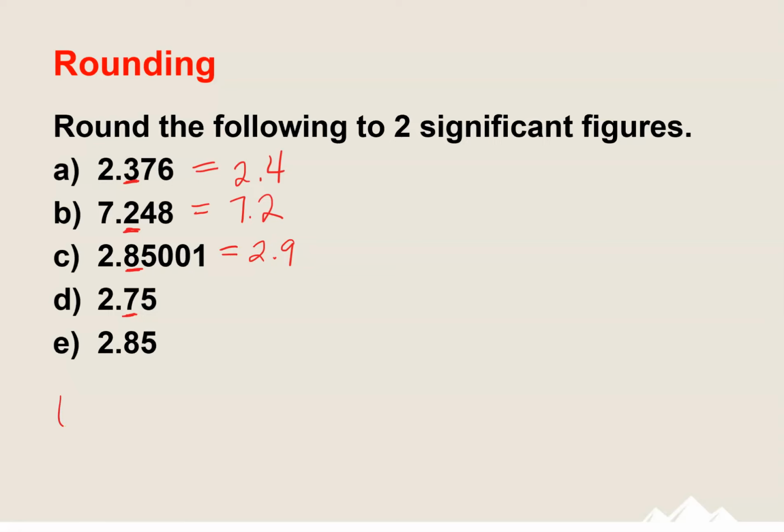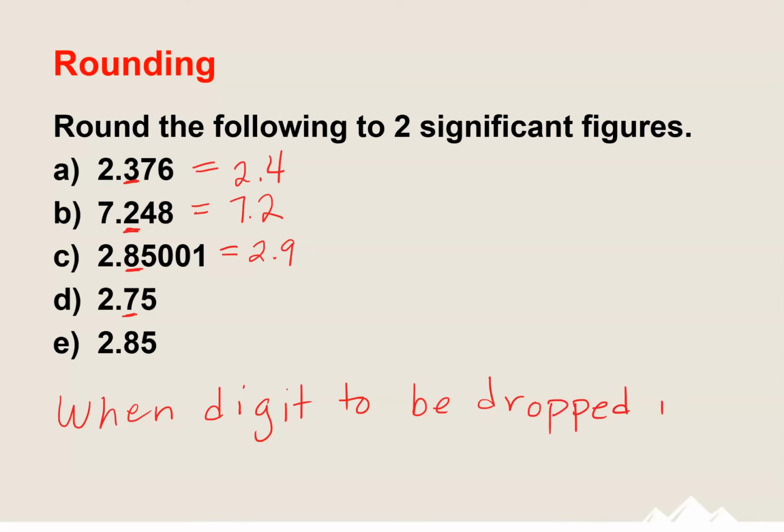What I learned was when the digit to be dropped is exactly 5, we're going to round to the nearest even digit.